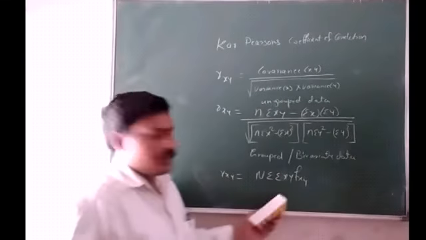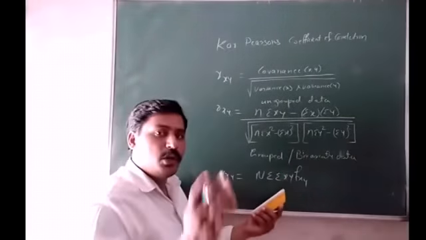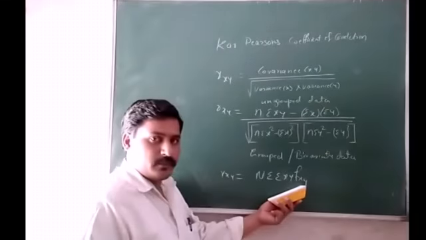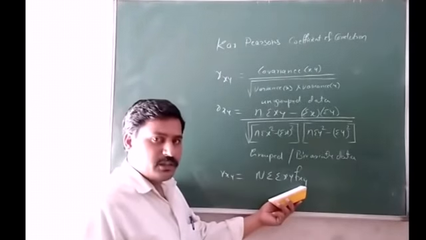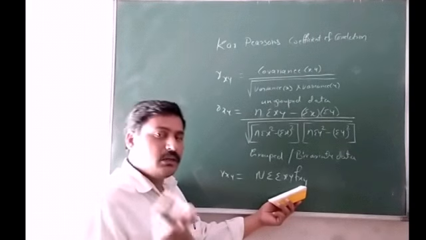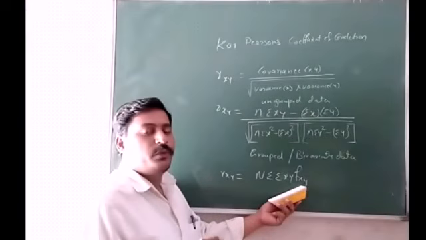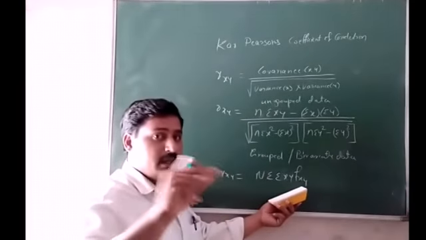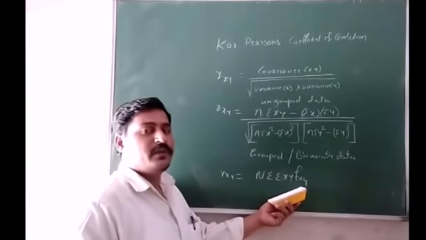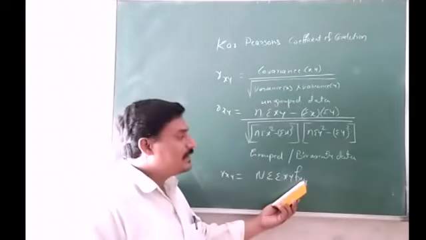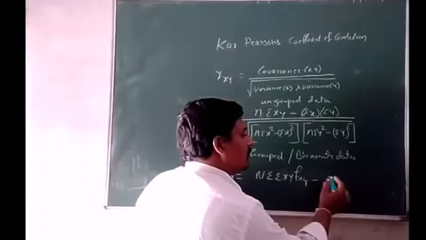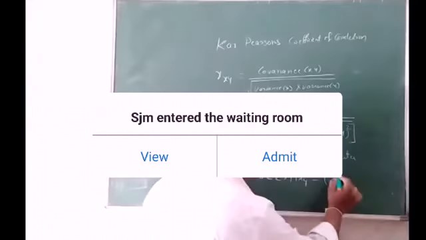So here x, y are both the x variable and y variable, and fxy. So in the bivariate frequency distribution, we get frequency for both x and y. In the table, in each cell, we get a frequency for both the variables. So that frequency minus summation x fx.